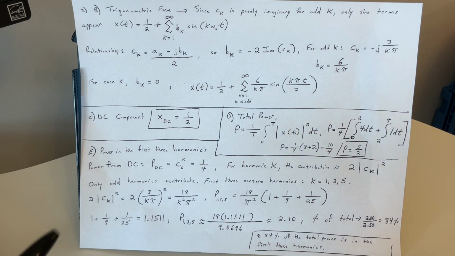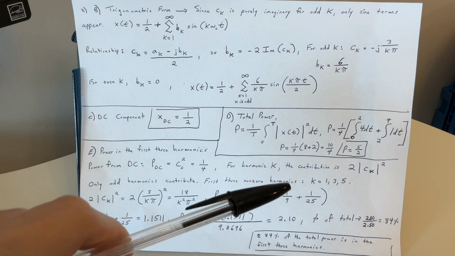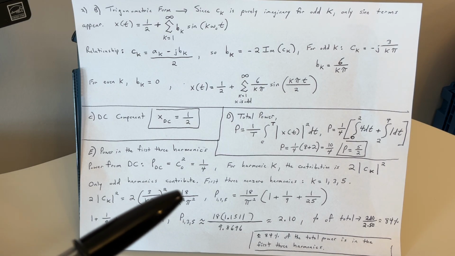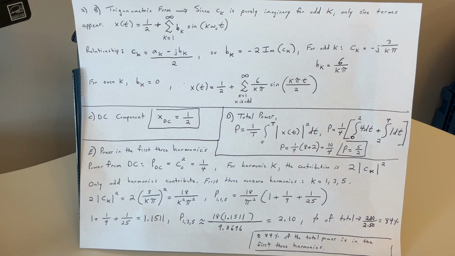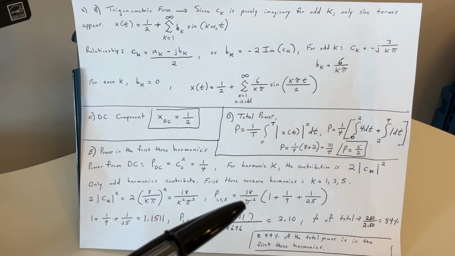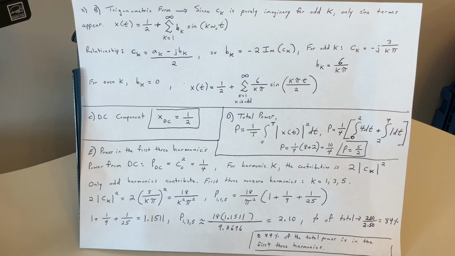Now, only odd harmonics are going to contribute, so the first three non-zero harmonics are k equals 1, 3, and 5. 2 times magnitude of c sub k squared equals 2 times (3 over k pi) squared equals 18 over k squared pi squared. So P sub 135 equals 18 over pi squared times the quantity 1 plus 1/9 plus 1/25.